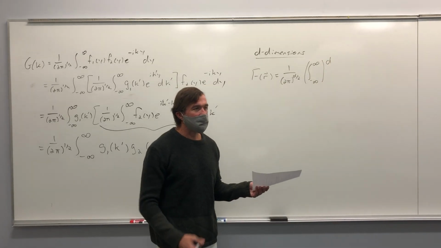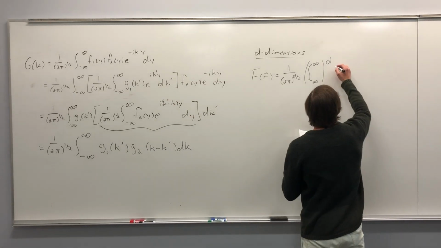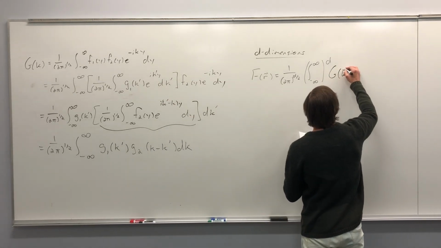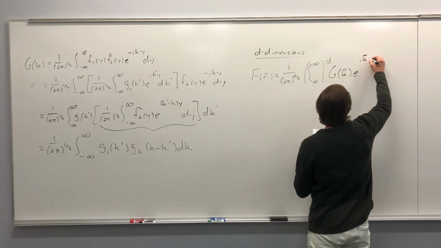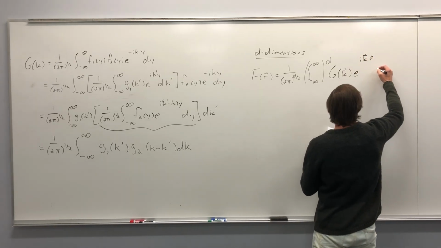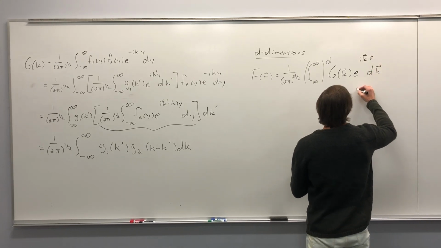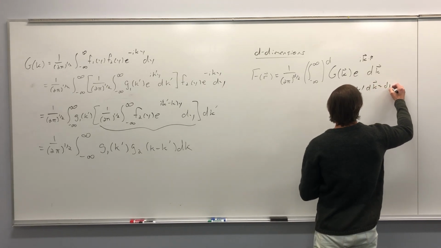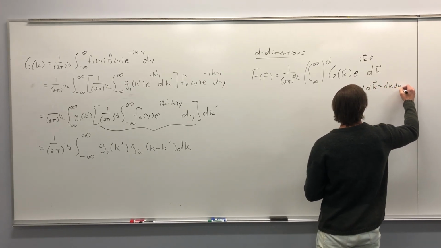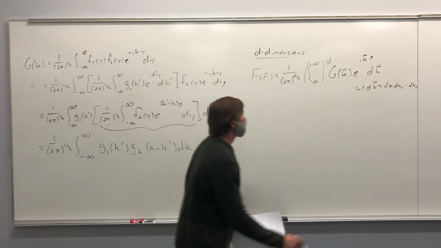I'm not going to write d integrals. There's d of those. That's what I mean. Times g of k e to the i k vector dot r dk, with dk equaling dk1, dk2 up to dkd.